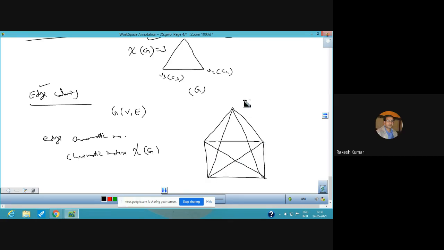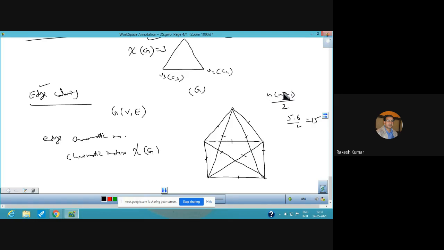Now, if the graph is complete, we can easily count the number of edges. The number of edges will be counted with the help of n into n plus 1 upon 2. Because 5 vertices are there, 5 into 6 upon 2 would be 15 edges. Let us count: 1, 2, 3, 4, 5, 6, 7, 8, 9, and 10.